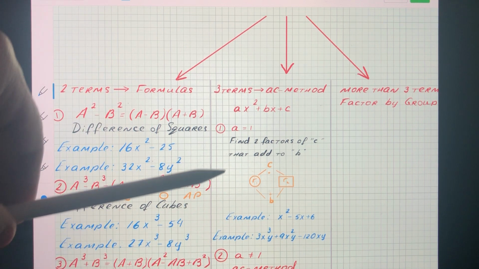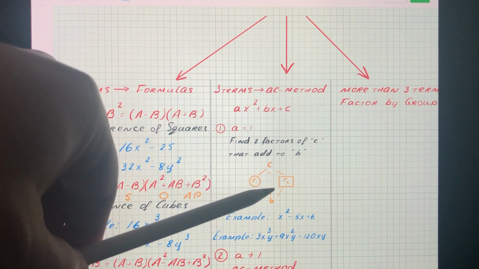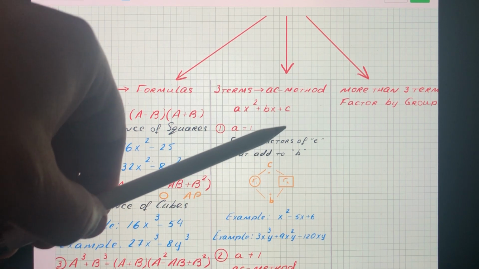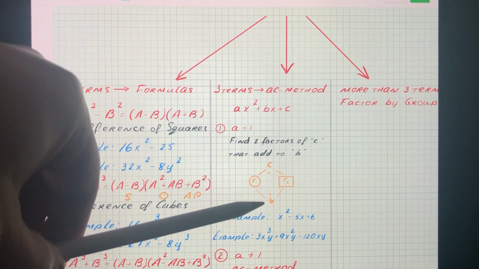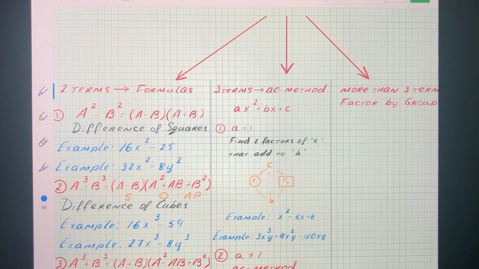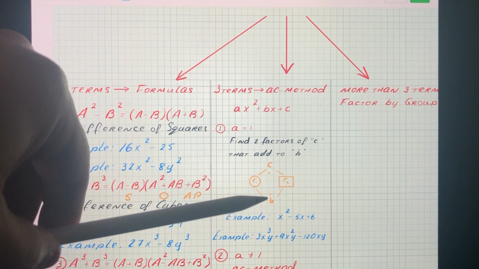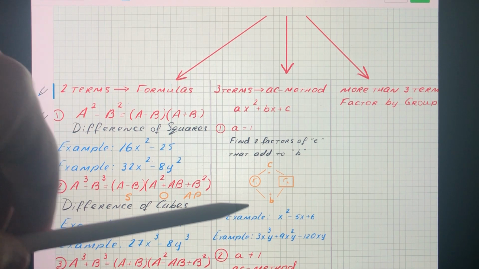And this is what the shortcut is. We look for the factors of the C, so we look for the 2 numbers that multiply to the C, the last, and they also have to add to the middle, to the B. And that would be our numbers that we would use for factoring. We can look at how this works on these 2 examples, and we will do it in a different note.